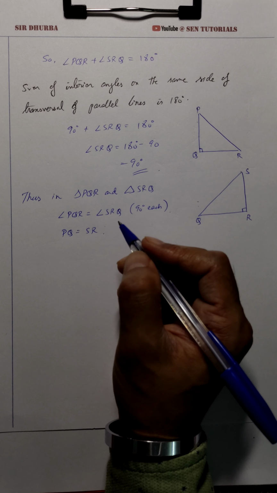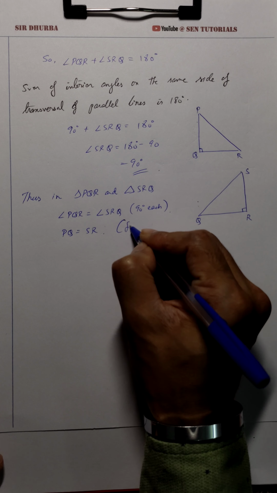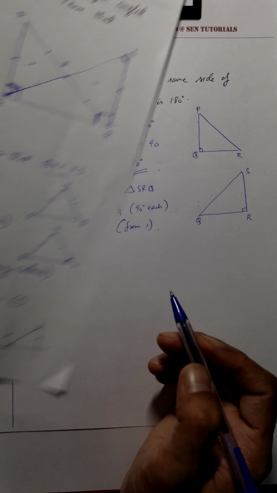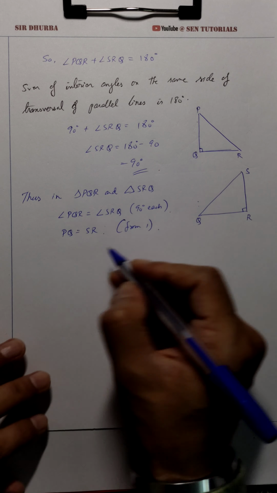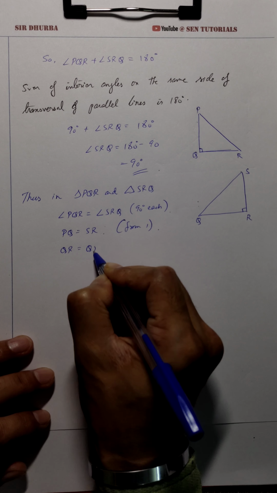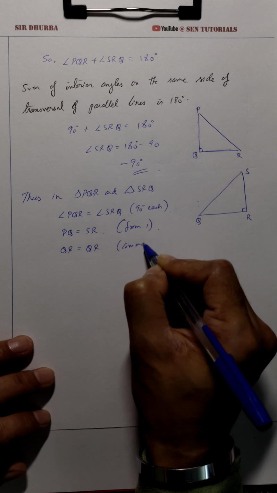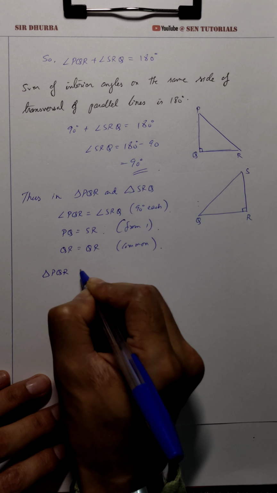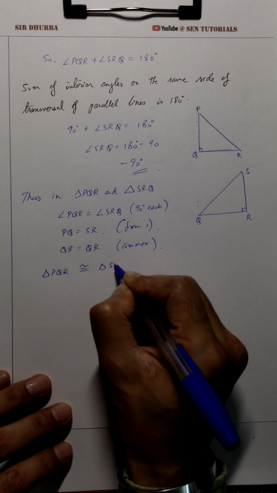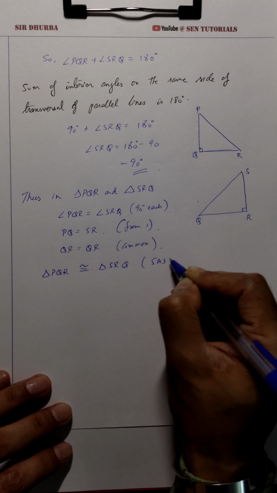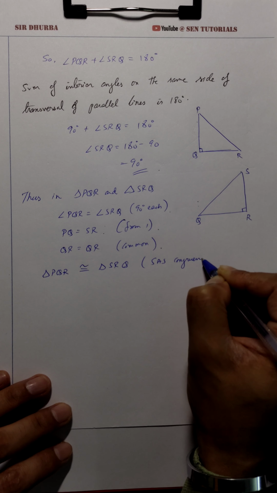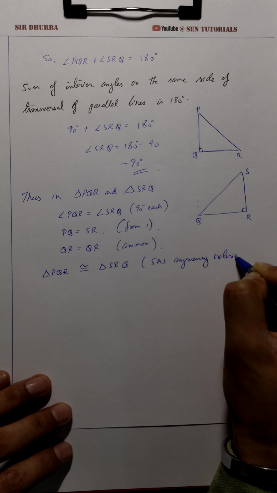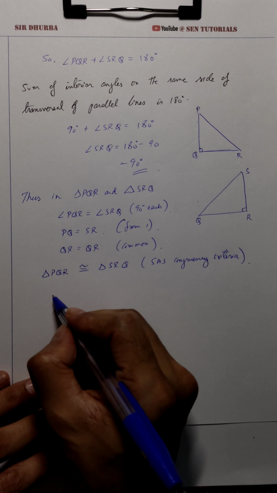PQ is equal to SR, that is from condition 1, CPCT. And QR is the common side. So triangle PQR is congruent to triangle SRQ, again by side angle side congruency criteria. So it's like a repeat of that question.